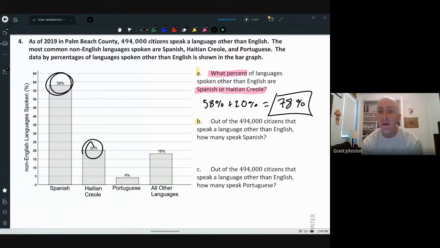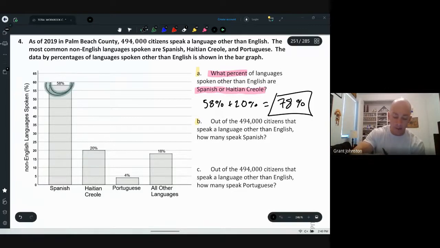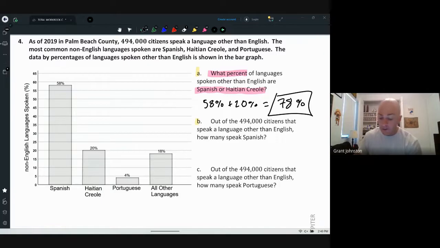It says out of the 494,000 citizens that speak a language other than English, how many speak Spanish? Okay. So 58% of them speak Spanish, but there's 494,000. So we got to do 494,000 times 0.58. That would be multiplied by the 58%.